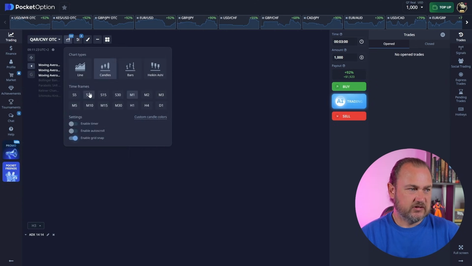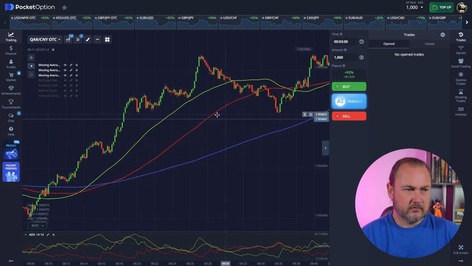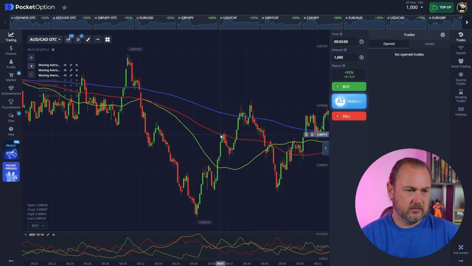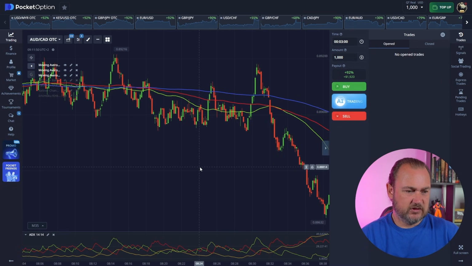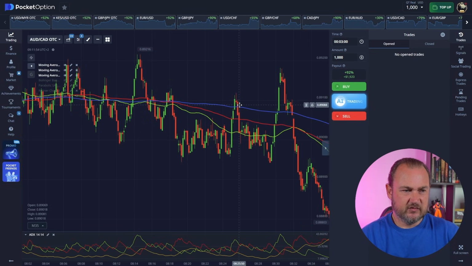Just to show you guys, let's go to a 10-second chart. Might have been a sell opportunity there, but the ADX was fairly decent though. Not quite. It could have been a sell opportunity.